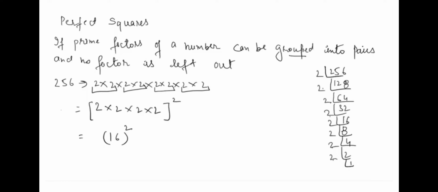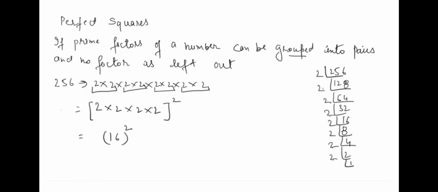So here I have given the definition. If prime factors of a number can be grouped into pairs, pairs means two, that can be grouped into two, and no factor is left out. Very simple definition I have given.